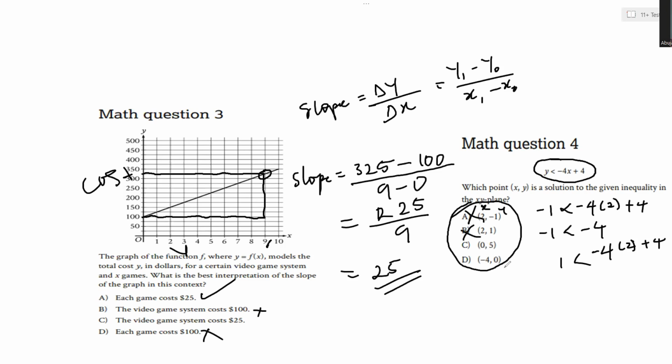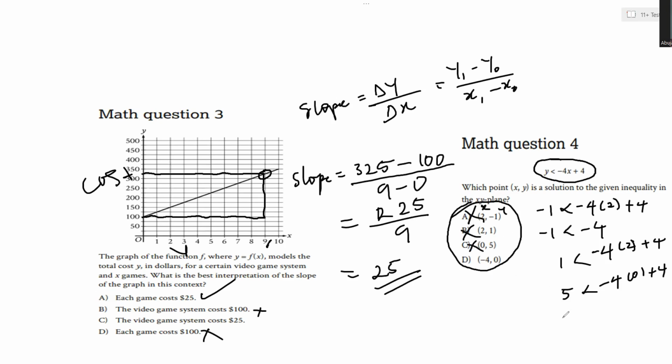Now the next condition is, when we have x as 0 and y is 5. So we have 5 here less than minus 4, and here is 0 plus 4. So you discover that this is also not it.